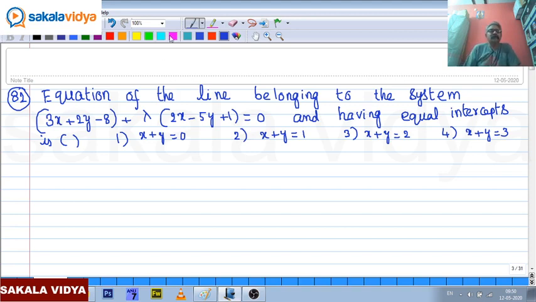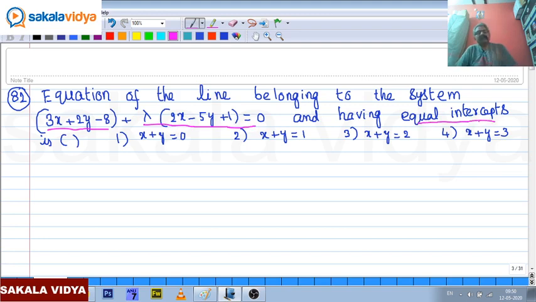So now, equation of the line belonging to the system 3x plus y minus 8 plus lambda times 2x minus 5y plus 1 is equal to 0 having equal intercepts.